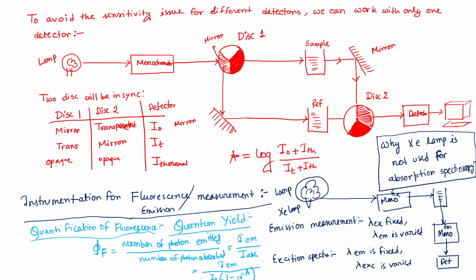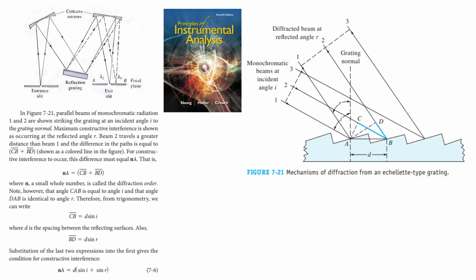Now I am going to go back to the monochromator section. What is actually a monochromator? Whatever I am going to discuss is from Principles of Instrumental Analysis, 7th edition, by Skoog, Holler, and Crouch, so you can refer to this book.